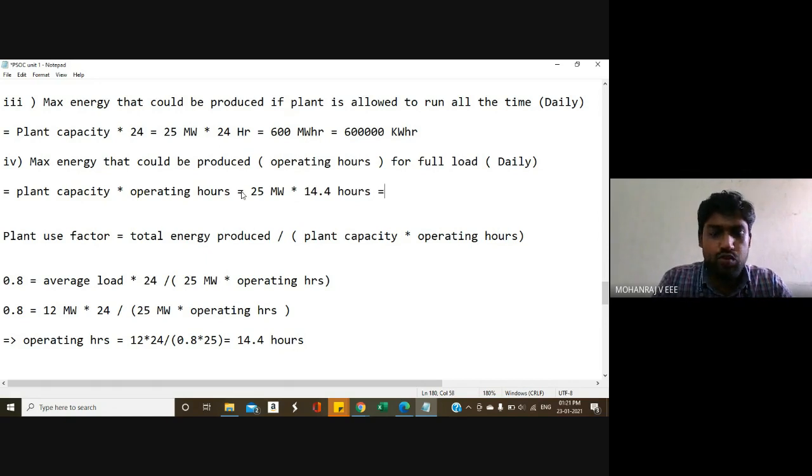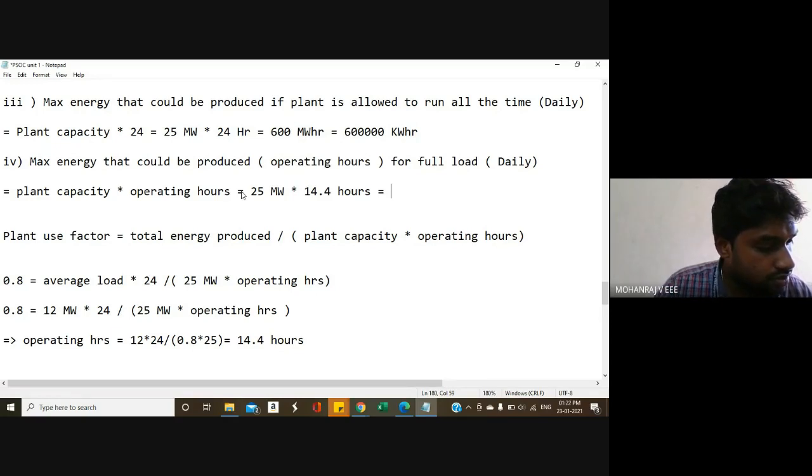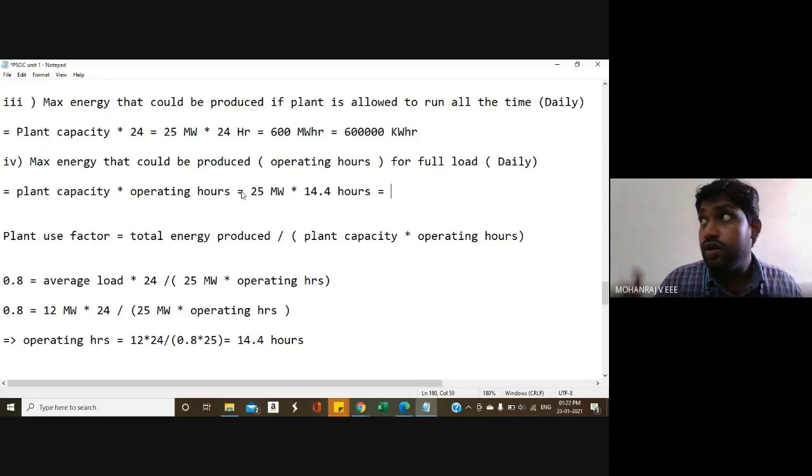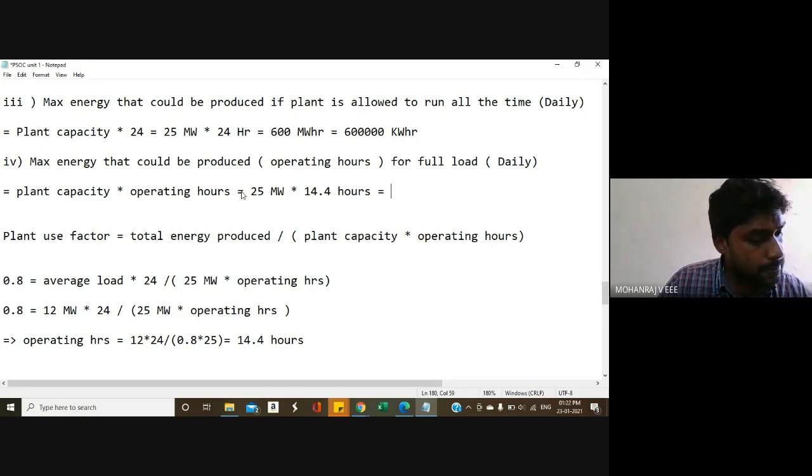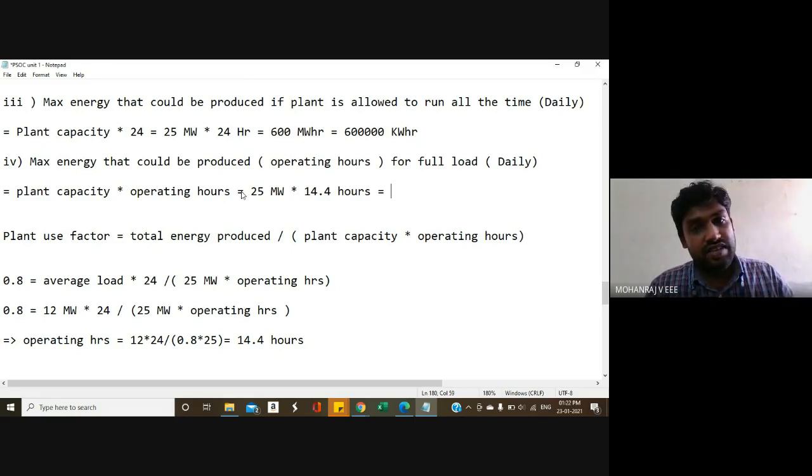So that is equal to 25 into 14.4, which is equal to 360.